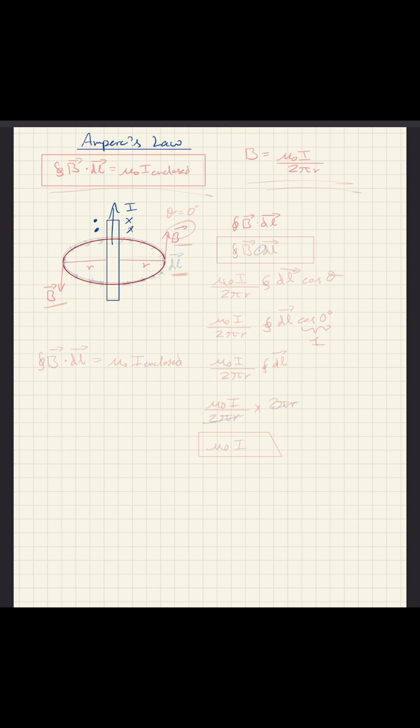dl could be any set of essentially infinite spaces on our imaginary loop. For example, dl could be this and this. And this right here, which I just drew a line on, is a dl for B. And dl is going to be in the same direction as B, your magnetic field, which makes it much better for our calculations and is easily the best way to do this and solve for it.